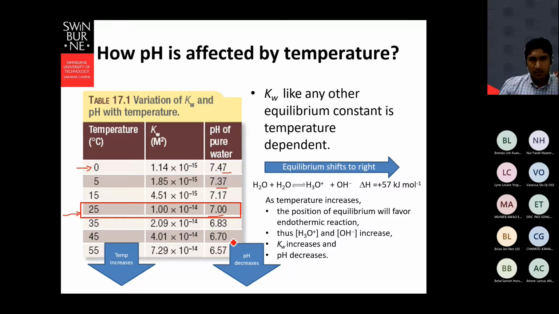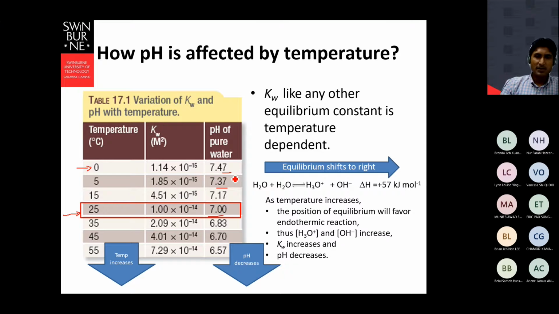So at 25 degrees, the water has a pH of 7. That is the normal pH. But when we increase the temperature, more water dissociates. More hydronium ion and hydroxide ion are produced, so water becomes more dissociated, more polar. More ions are produced, and that is why the pH decreases.